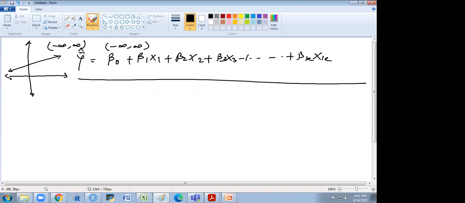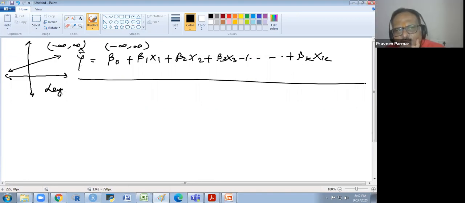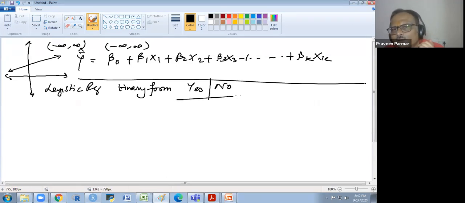In logistic regression, simple logistic regression, we want the response in binary form. Binary form is 0 and 1, yes and no, true and false. But in linear regression we get the response of y from minus infinity to infinity.